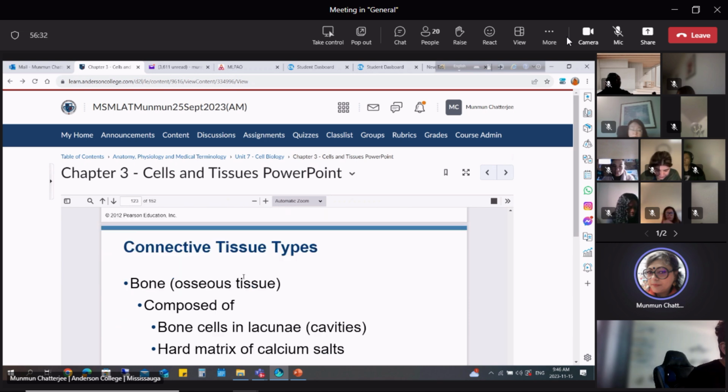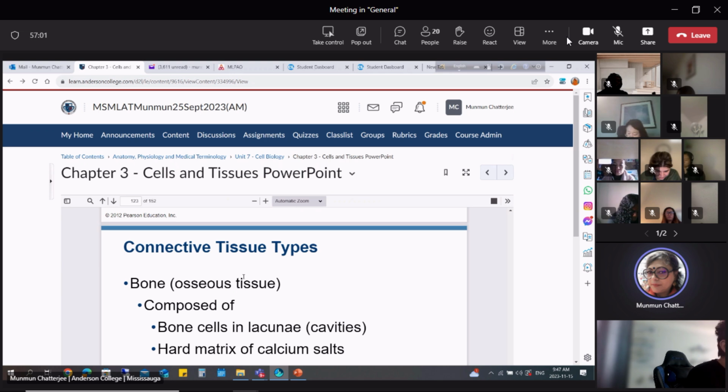What are the examples of the connective tissue? Bone. Another name of the bone is osseous. So, osseous bone tissue is the connective tissue composed of bone cells in lacunae. Lacunae means cavity. The bone cells are in lacunae. This is the hard matrix, because bone is hard due to the calcium deposit, calcium salts. Bone needs to be strong.